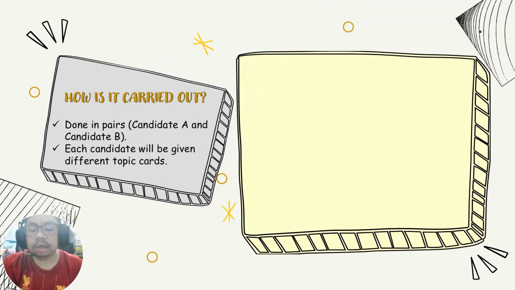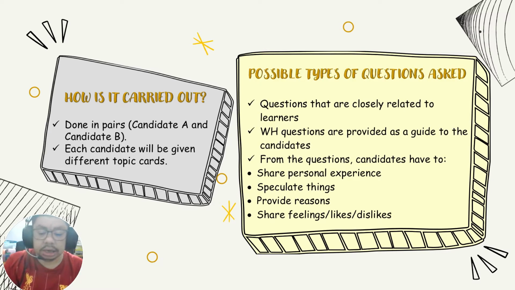First of all, how the test is carried out. As you can see, it is done in pairs that consist of candidate A and B. Each candidate will be given a different topic card, so you will not get the same question as your partner. Next is the list of possible types of questions to be asked in the test. Firstly, questions asked are closely related to learners or candidates.